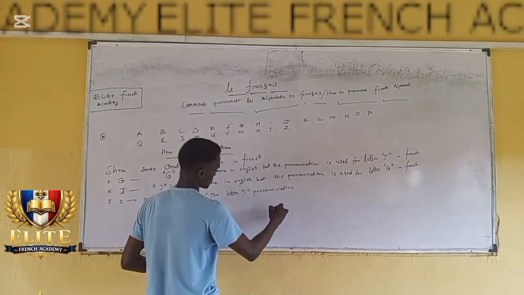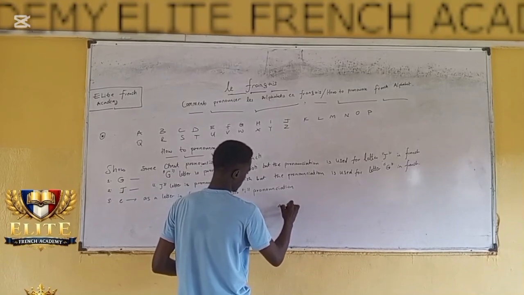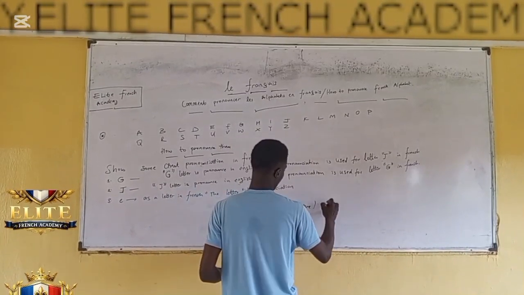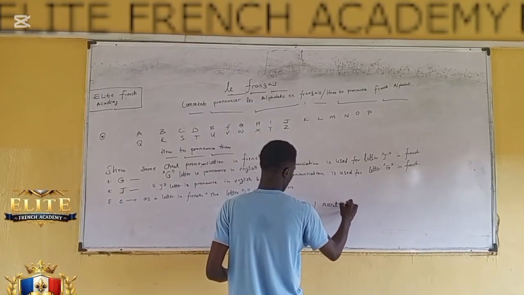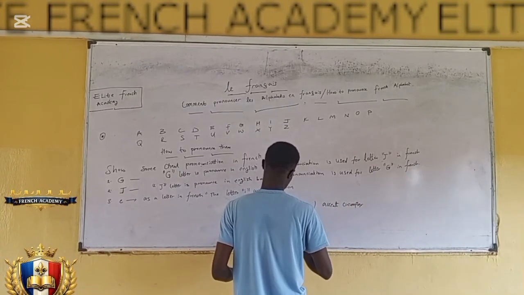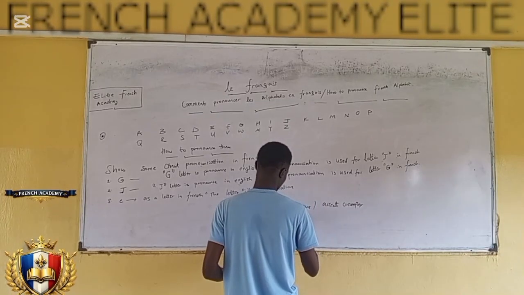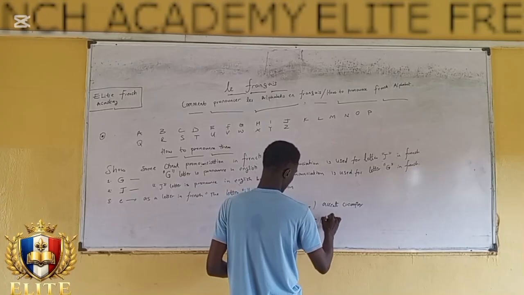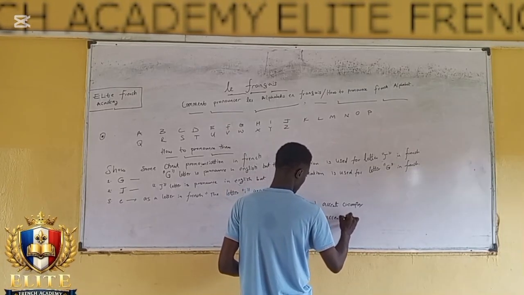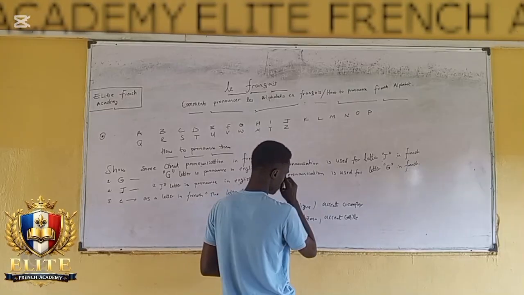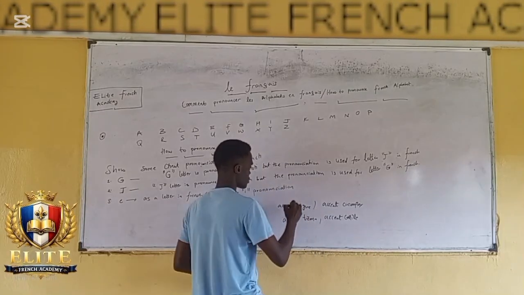There's the accent aigu, the accent circonflexe, the accent tréma, and the accent cédille. The accent aigu is when the accent mark is slanting this way.